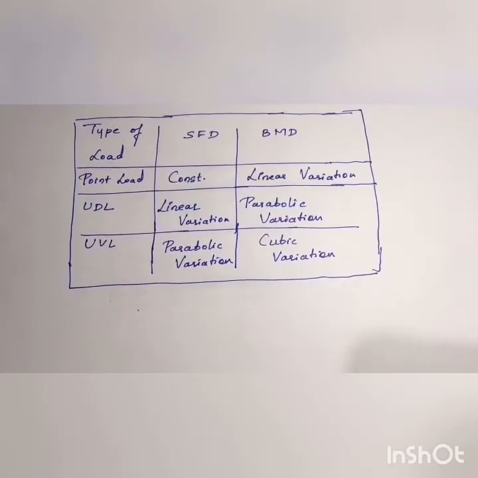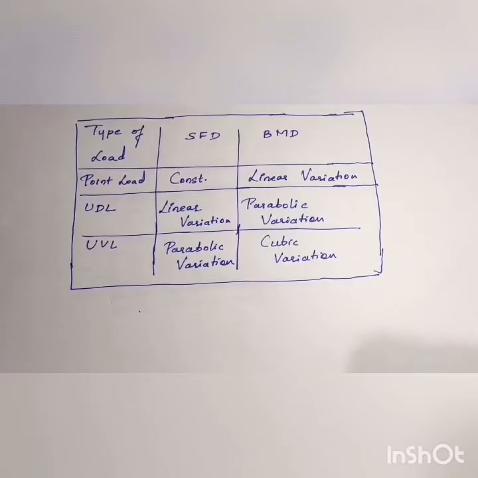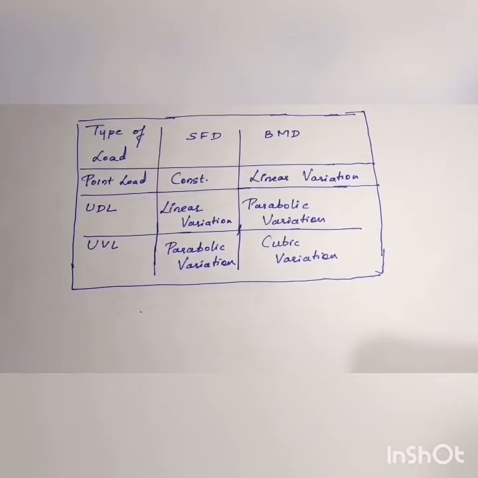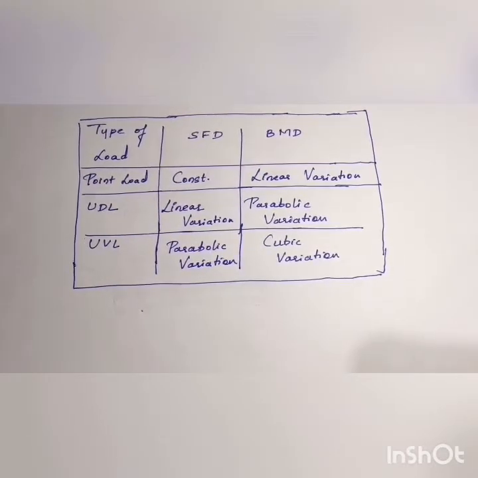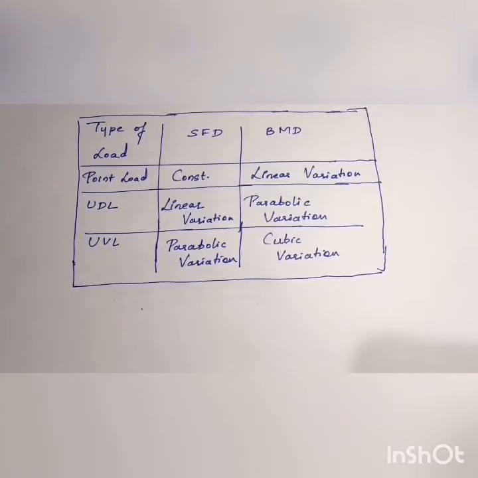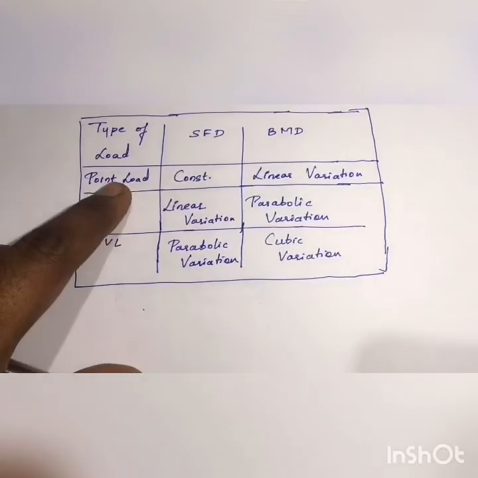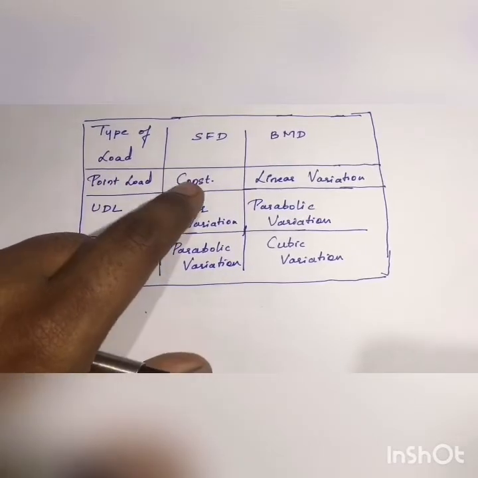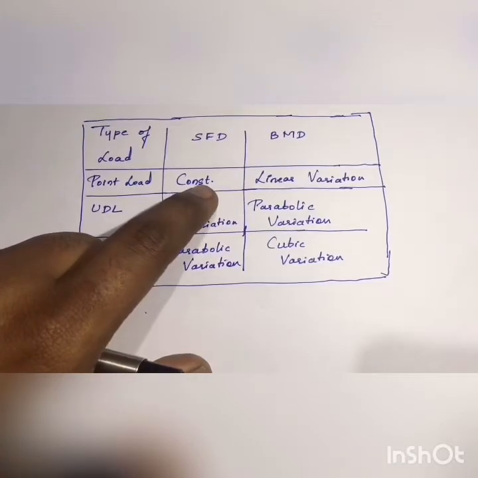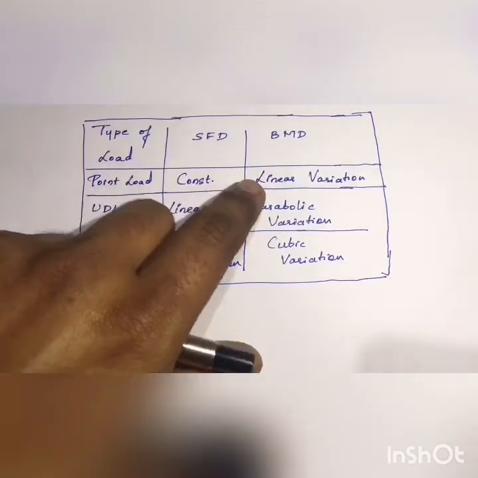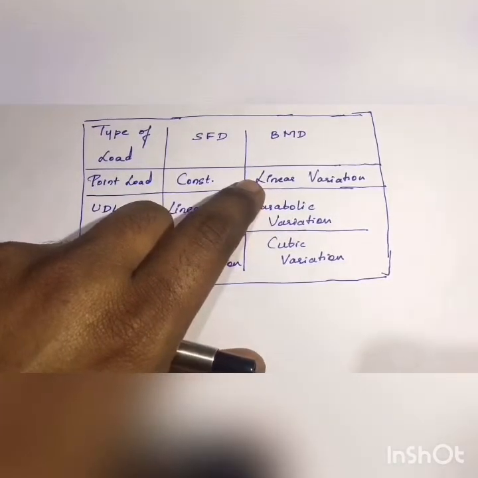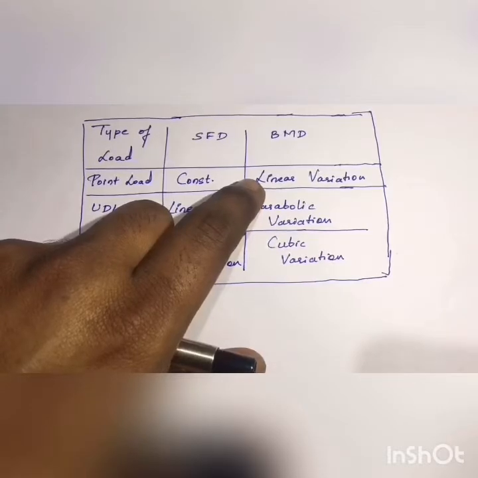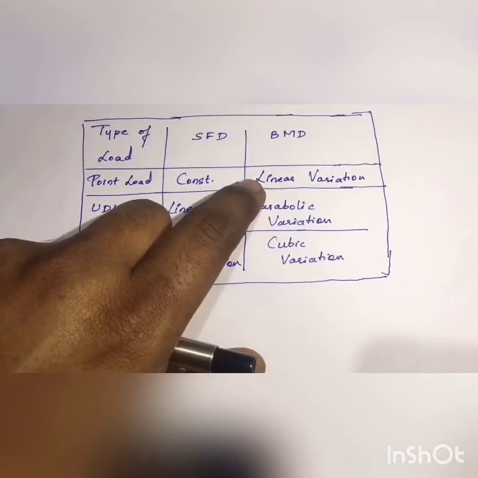Also, we'll have a look at this table, which will be quite helpful while drawing the SFD as well as the BMD. When the type of load under consideration is a point load, the shear force will be constant, or the shear force diagram will be a constant line, whereas the bending moment diagram will be a linear variation, that is an inclined line.